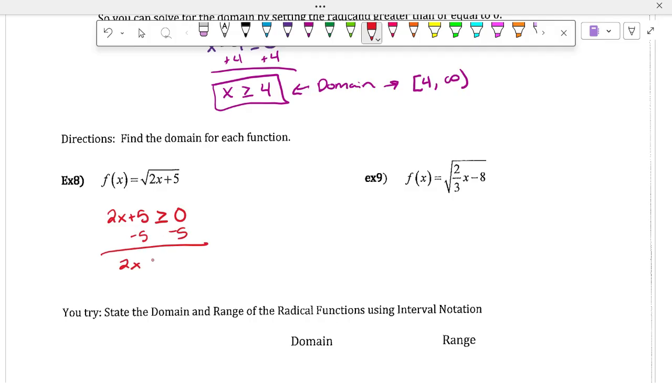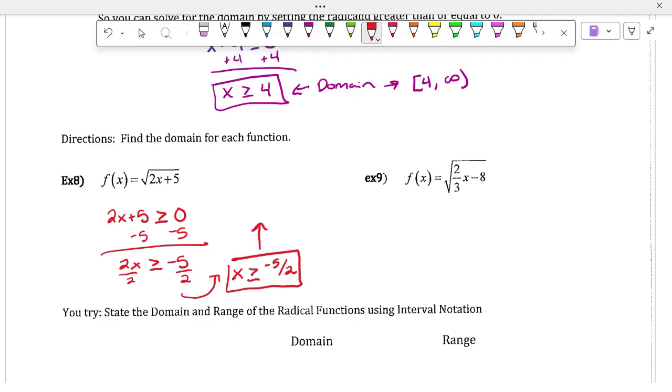I get 2x is greater than or equal to negative 5. Then what do I do? Divide by 2. So x has to be greater than or equal to what? Negative 5 halves. So this is our domain.